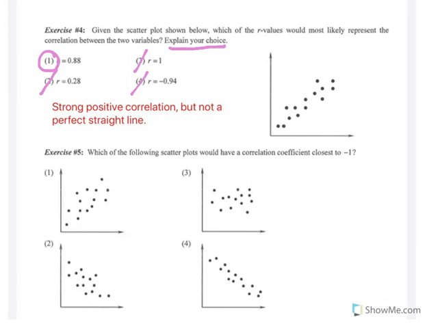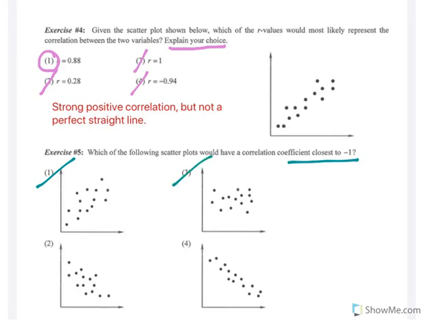Okay, exercise 5. Which of the following scatter plots would have a correlation coefficient closest to -1? Now, we don't have to explain this one. So if you look at your options here, if it's really close to -1, then it's going to be a strong negative correlation. Now, choice 1 is positive, so it can't be choice 1.